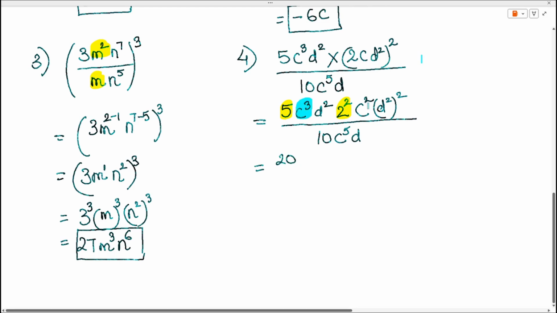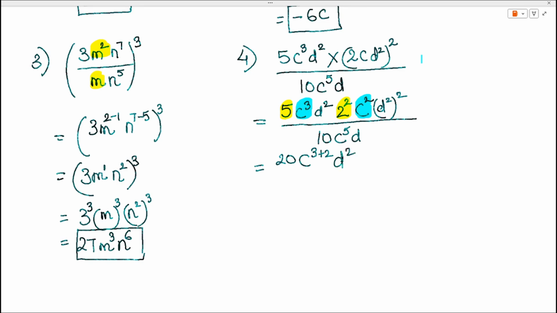Here this and this power, they have the same bases and they are in multiplication, so we can add the exponents together. So this becomes c to the exponent of 3 plus 2 and d square, and here it will be power of a power rule, so this becomes d raised to the exponent 2 times 2, which is a 4, and that being divided by 10, c raised to the exponent 5 and d to the exponent 1.